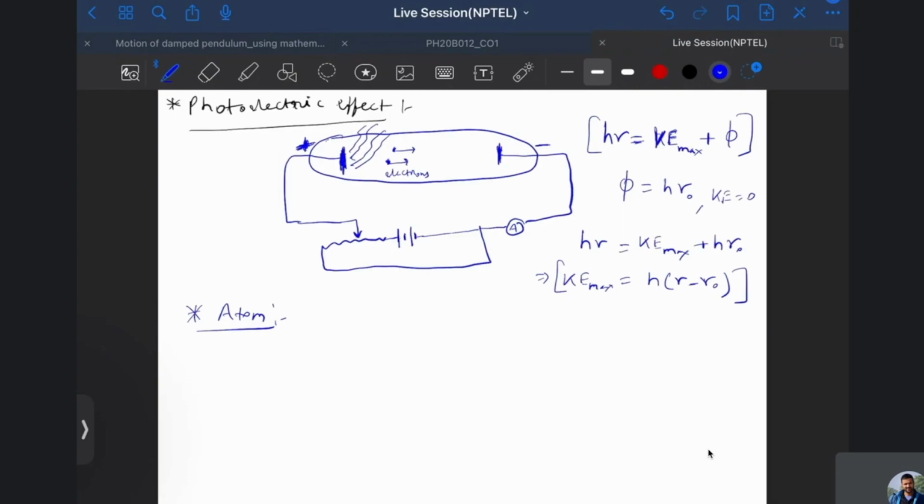Which we call atomic spectra. I mean, the spectra of those photons is called atomic spectra, right? So these things were established by Niels Bohr.